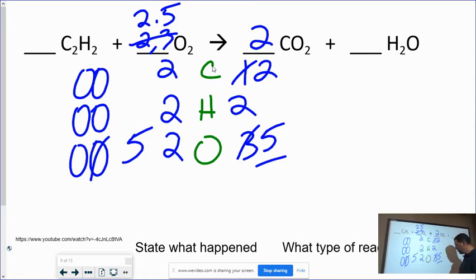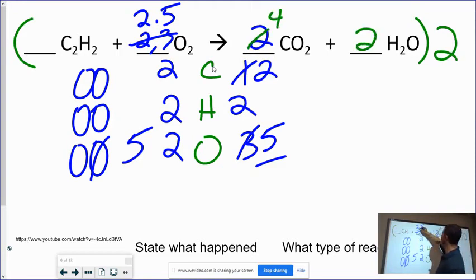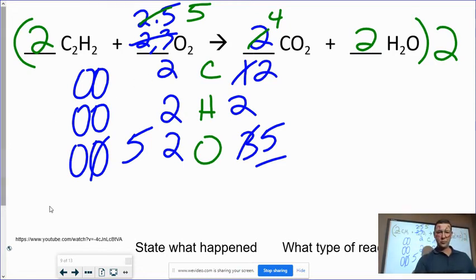I then go through and multiply the whole thing by 2. So 2 times 1 is a 2, 2 times 2 is a 4, 2 times 2.5 is a 5, and 2 times 1 is a 2, and I am balanced. Do not need to state what happened, nor what type of reaction this is. This is a combustion reaction, though.